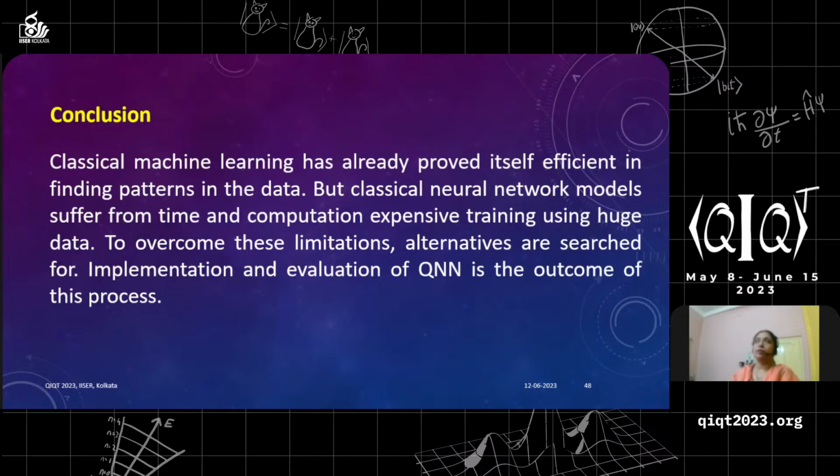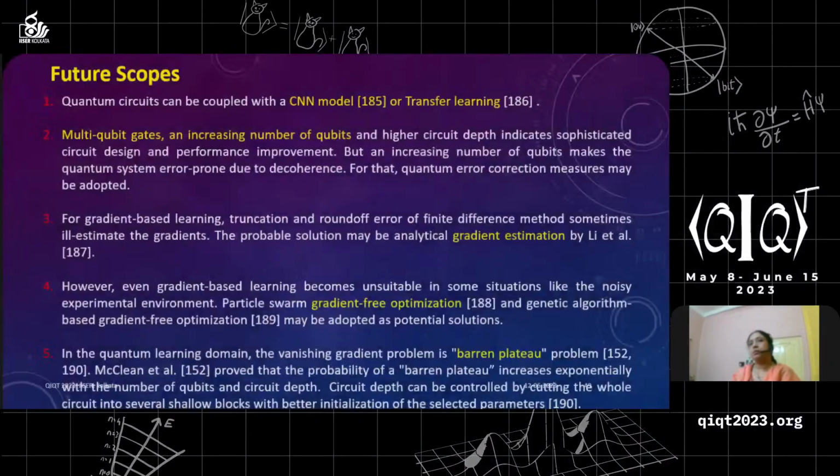That may be a limitation of our work that we need to address. Similarly, we are mentioning here some other limitations and future scopes, the ways we can improve our work, because this is the initial phase of our implementation.